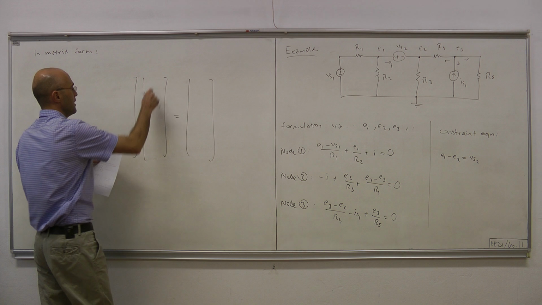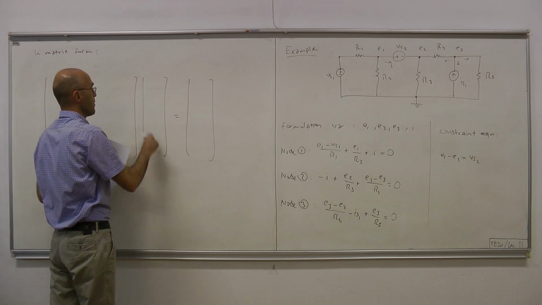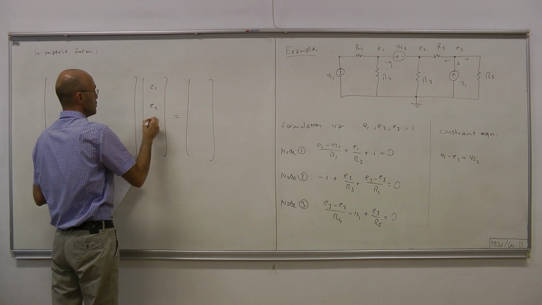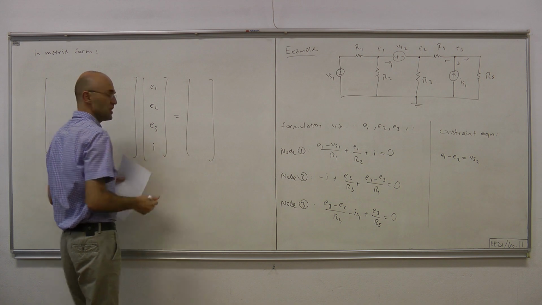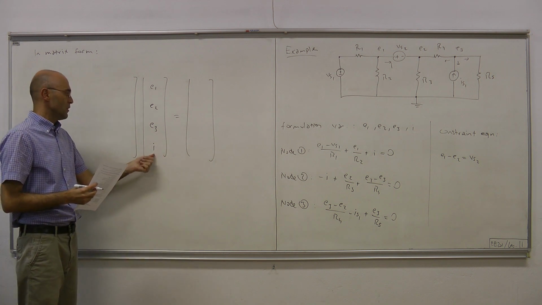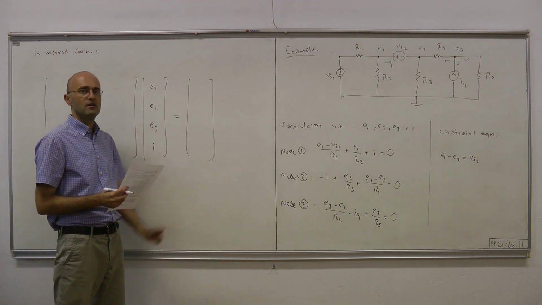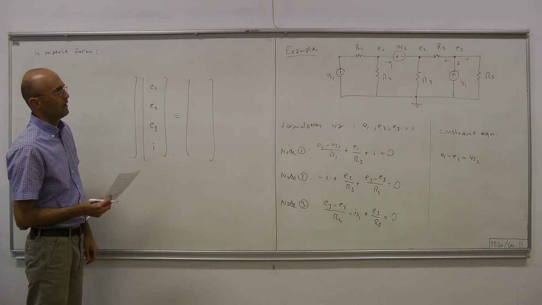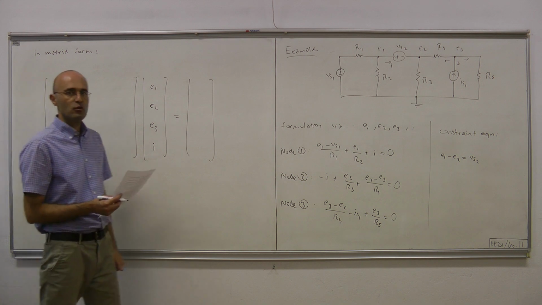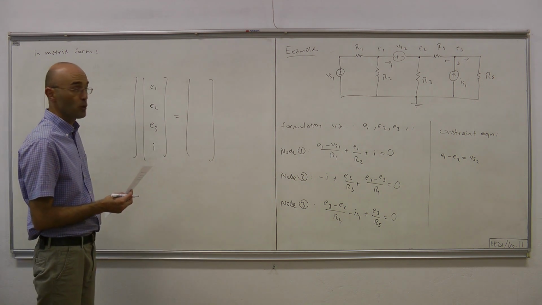And this is our vector of unknowns, E1, E2, E3, and this current I, which now we consider also as one of our formulation variables. This is the vector that will contain the knowns, and this matrix will be in terms of our circuit parameters.